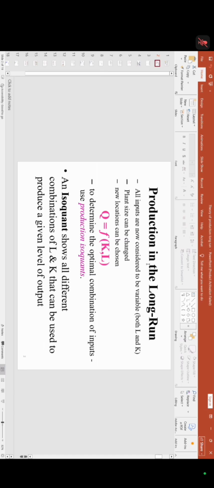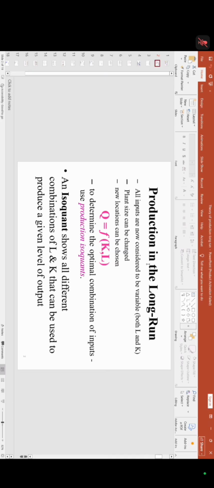In the long run of production, we consider all the inputs to be variable. Why? Because in the long run, you can make any changes to your production. You can change different fixed things, fixed costs, or different kinds of expenses into variables.